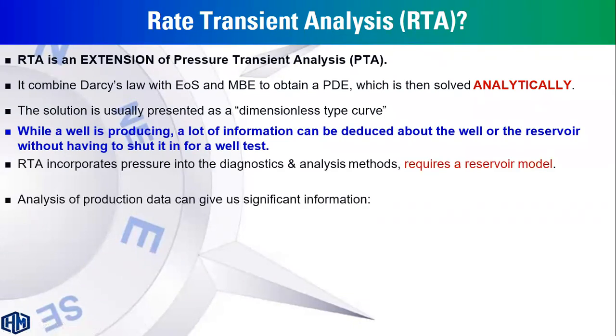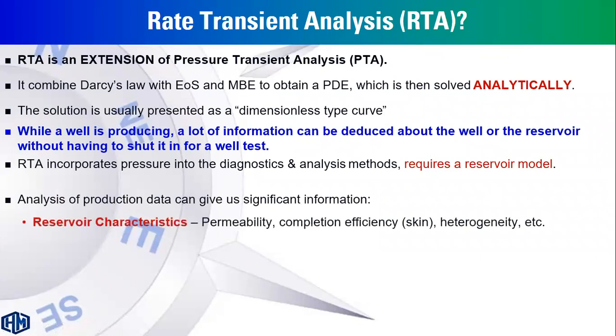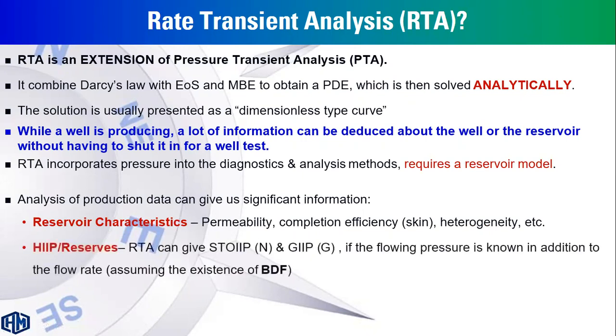So we have a specific model for reservoir characterization. The applications are to predict reservoir characteristics like permeability, accumulation efficiency or skin, and reservoir heterogeneity. The most important part is to estimate the hydrocarbon initially in place using the boundary dominated flow conditions.